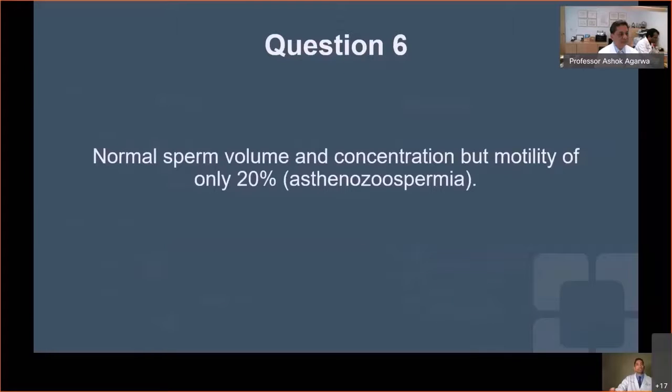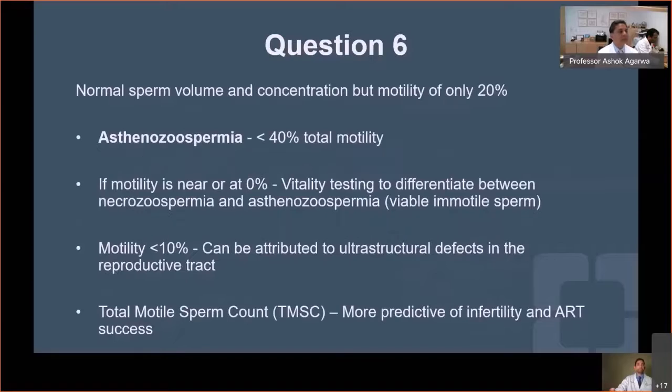Clinical question number 6 is a patient with normal semen volume and concentration but low motility. The WHO defines normal total motility as greater than 40%, so motility less than 40% is defined as asthenozoospermia. If motility is 0% or near 0%, we commonly perform vitality testing to differentiate between necrozoospermia or asthenozoospermia, which is viable immotile sperm.